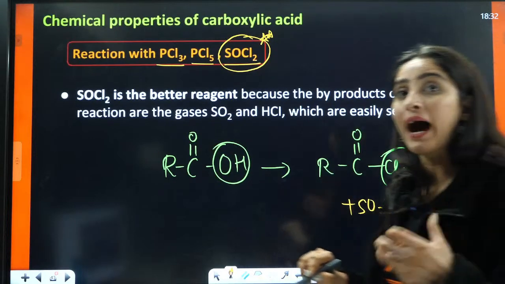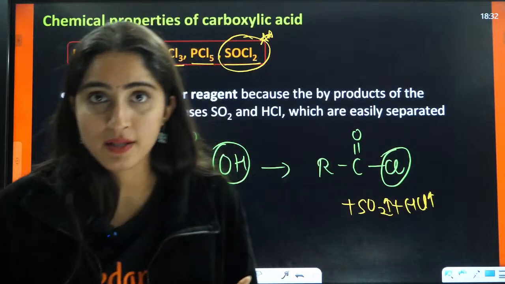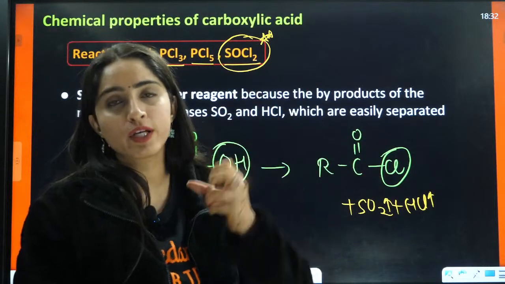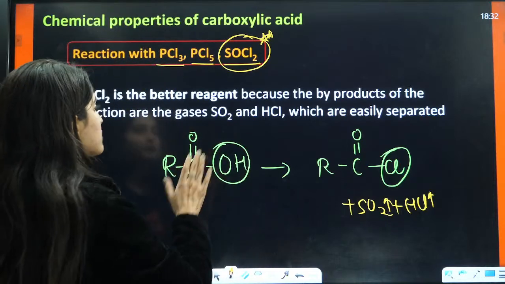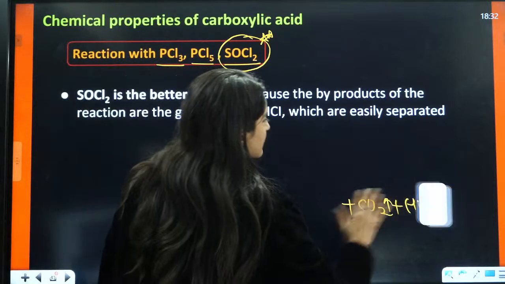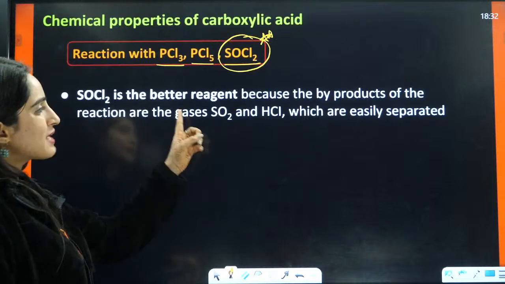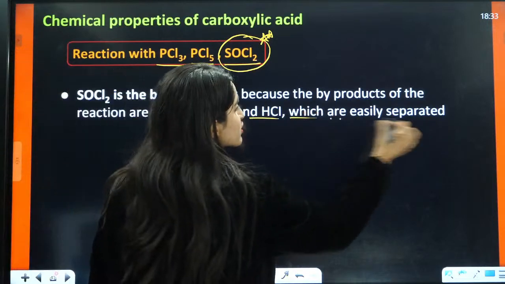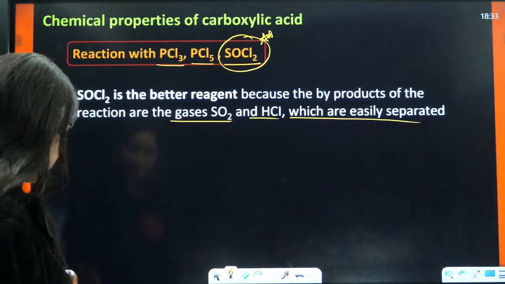That is why the byproducts escape as vapors and a pure compound is produced easily. That is why SOCl2 is preferred here, because the byproducts are gases which are easily separated, right?